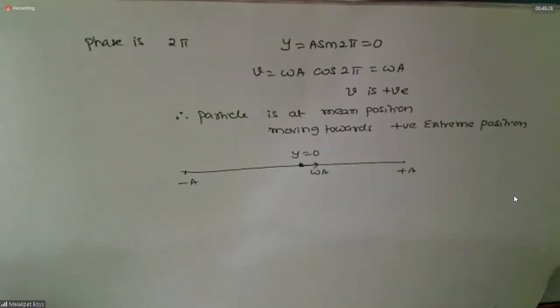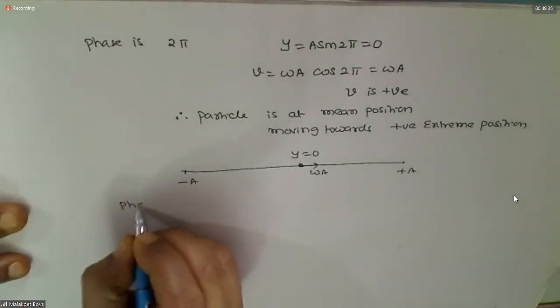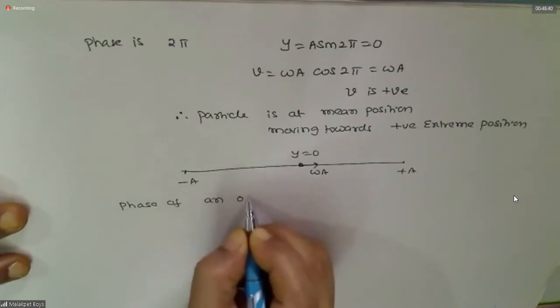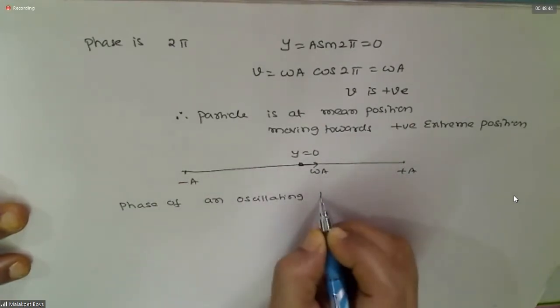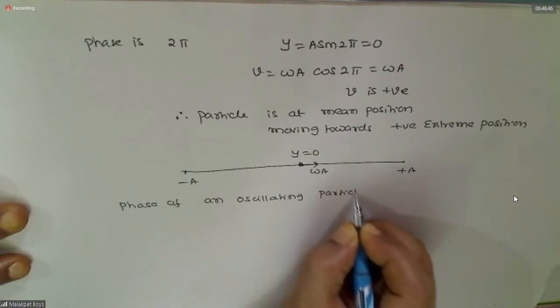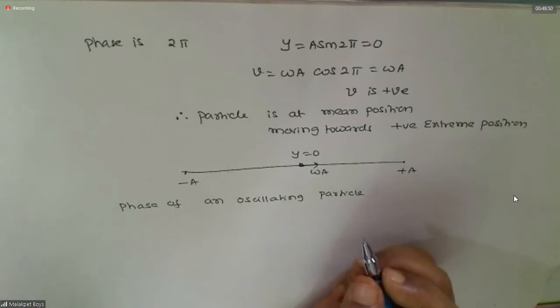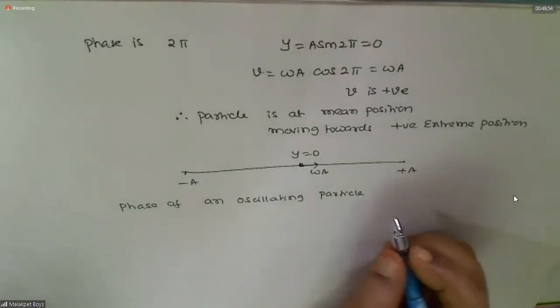So from all this, what can you infer? We can say that the phase of an oscillating particle gives information about its position and direction of motion.